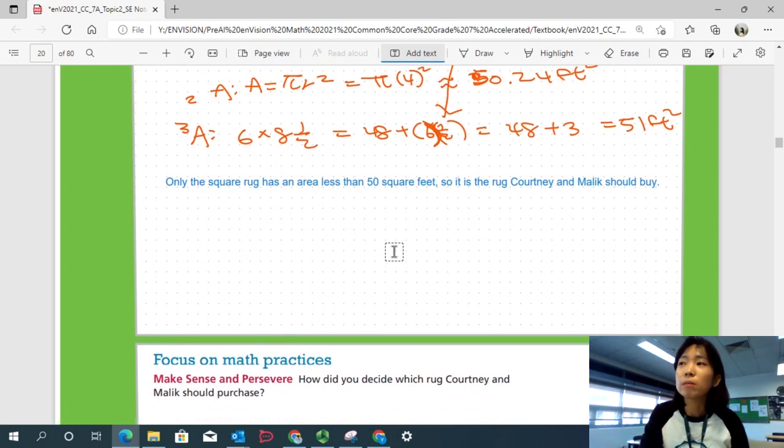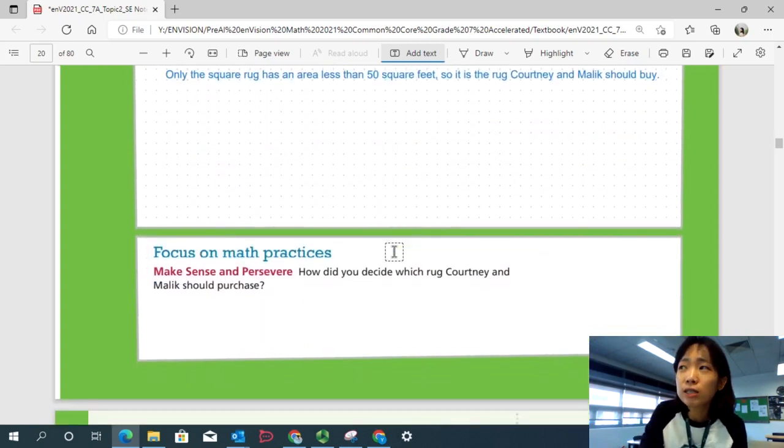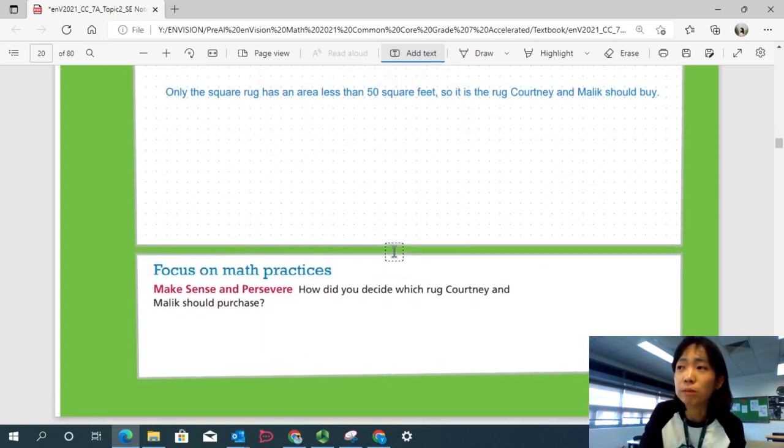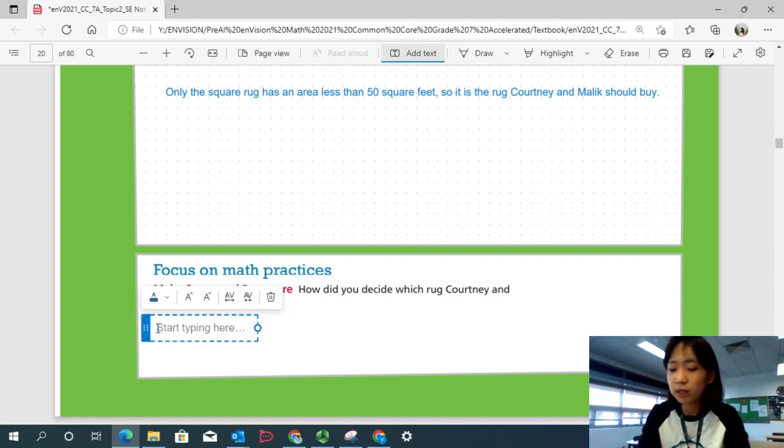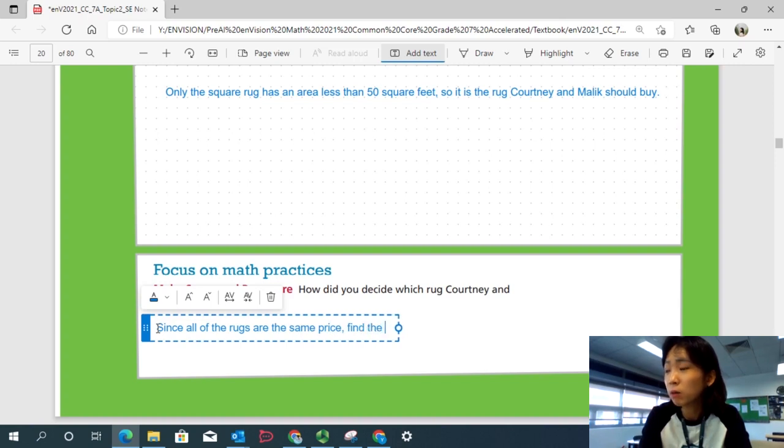Okay, focus on math practices. How did you decide which rug Courtney and Malik should purchase? By figuring out the area, right? And comparing them with what they need. So we can say, since all of the rugs are the same price, find the one that is the best value.